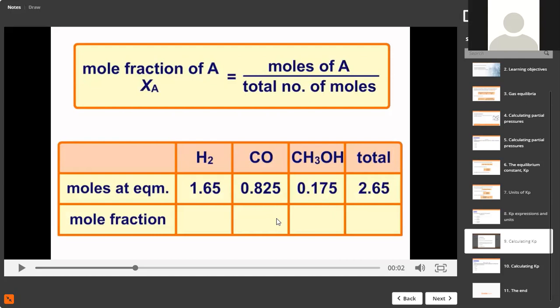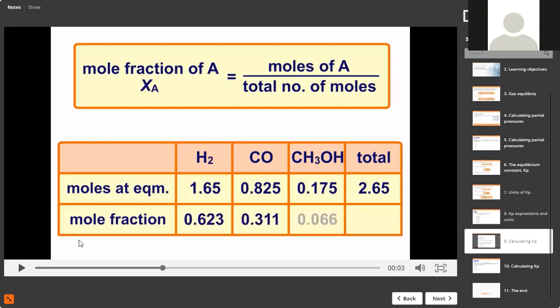So then we just want to work out the mole fraction. So to work out the mole fraction, we're literally just going to do, for example, 1.65 divided by 2.65, and that should give you 0.623.